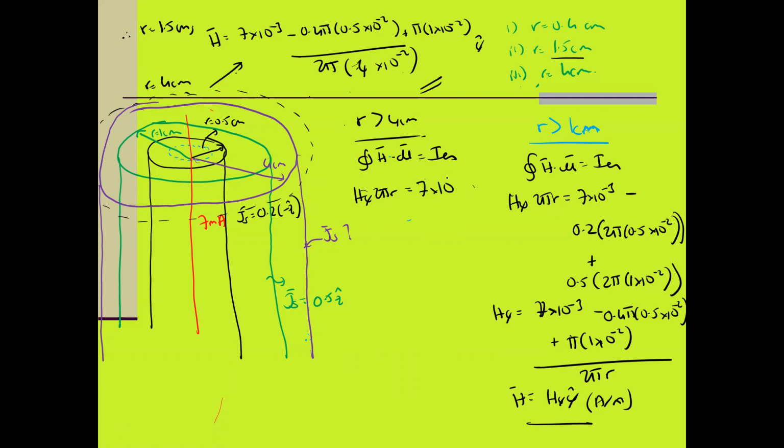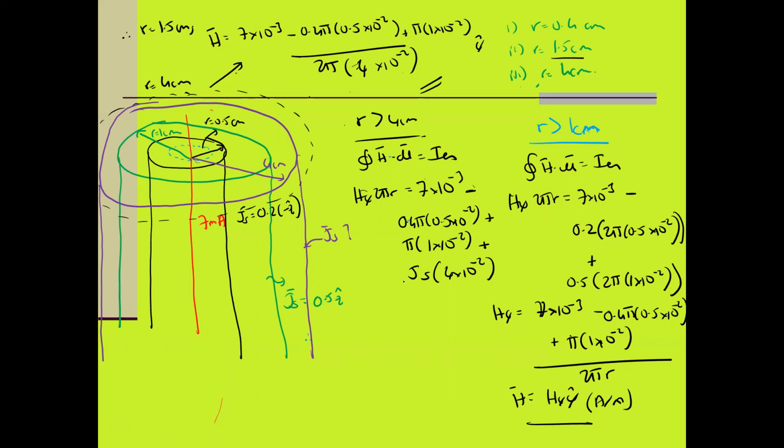We have 7 times 10 to the power of negative 3, minus 0.2, okay, I can just put it as 0.4 pi, and then we have 0.5 times 10 to the power of negative 2, plus pi times 1 times 10 to the power of negative 2, plus for the 4 centimeter radius we have JS, which is unknown, multiplied with 4 times 10 to the power of negative 2. So we have 4 enclosed current terms.